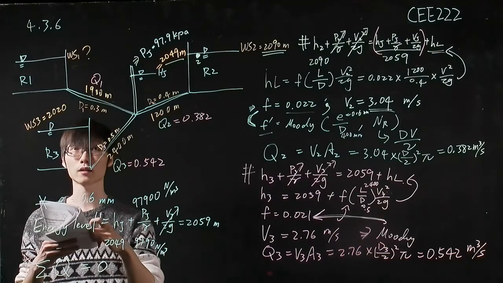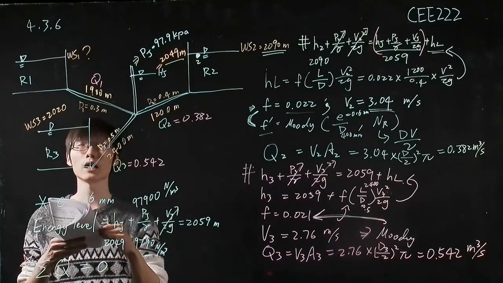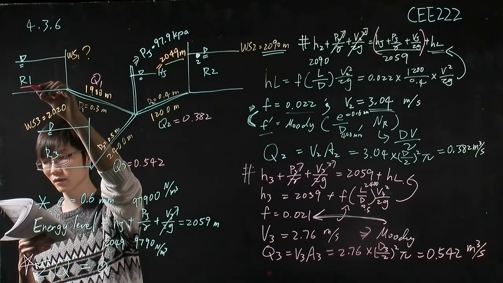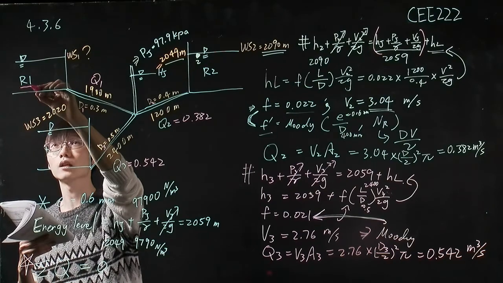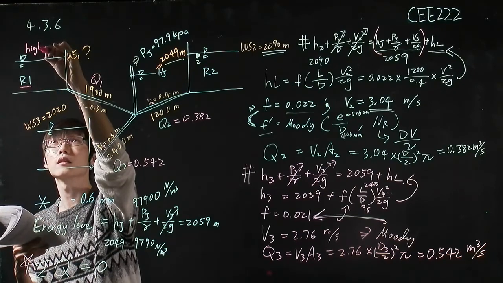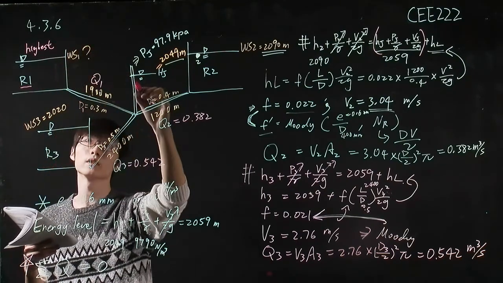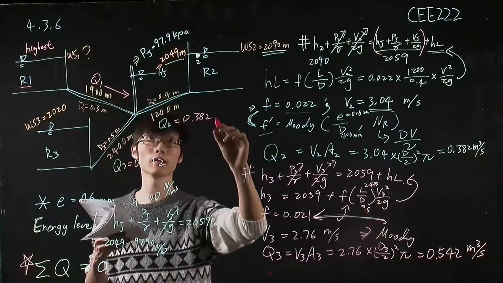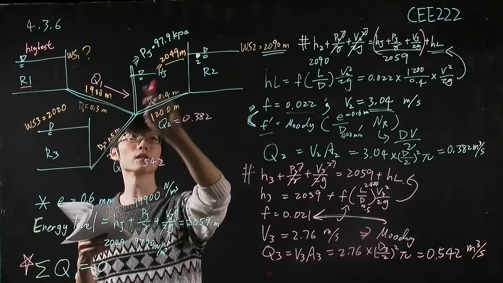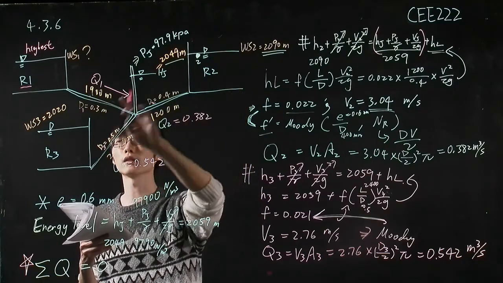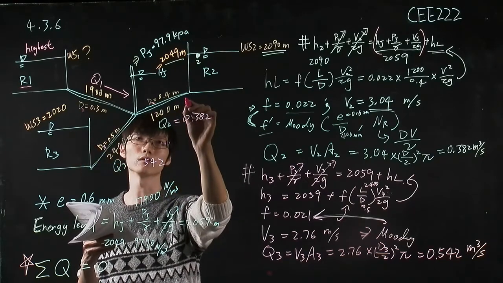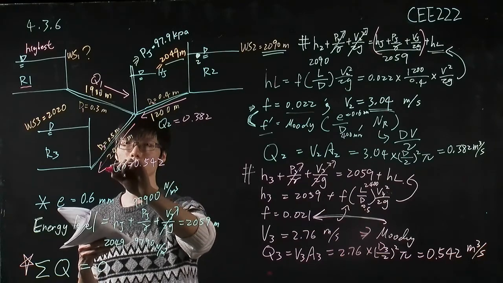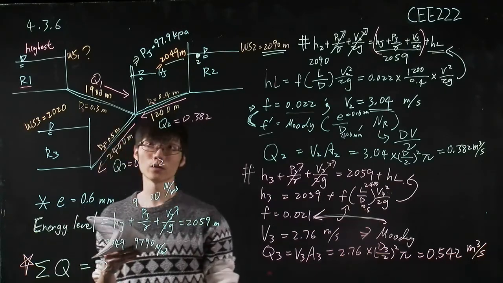The question tells us reservoir 1 is the highest reservoir, so the flow must be in this direction, right? And this reservoir 2 is higher than reservoir 3, so flow 2 is in this direction and flows down to here.